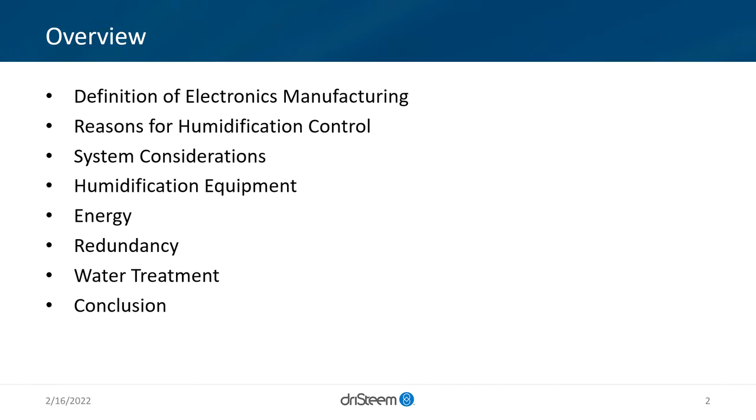Then moving into humidification equipment itself, looking at the energy impact that these facilities have to maintain throughout their product processes, and how humidification plays a role in that, whether we talk about adiabatic or isothermal. Talking a little bit about redundancy, as operations of these facilities tend to be 24/7. Water treatment as it relates to humidification and maintenance, and then just a conclusion at the end.